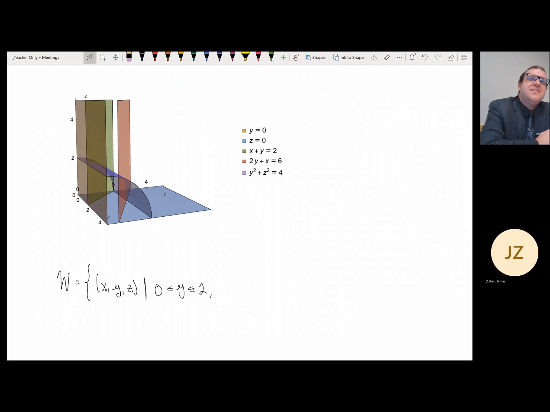Change your mind, John? Yeah. Isn't x going to go from that green plane to the red plane? So x would go from 2 minus y to 6 minus 2y.